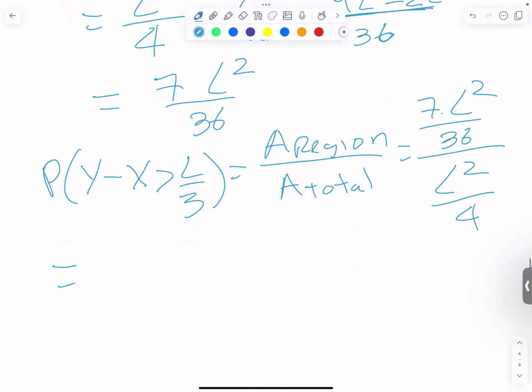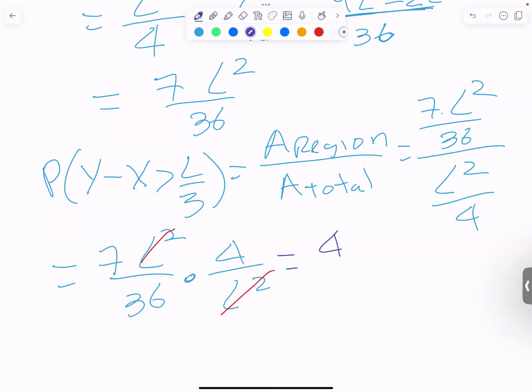And then we multiply by the reciprocal, 7L squared over 36 times 4 divided by L squared. The L squared terms cancel with each other. And then we're going to have 4 times 7 over 36, which is 4 times 9. And then we cancel the 4s. And the final answer is going to be 7 over 9.